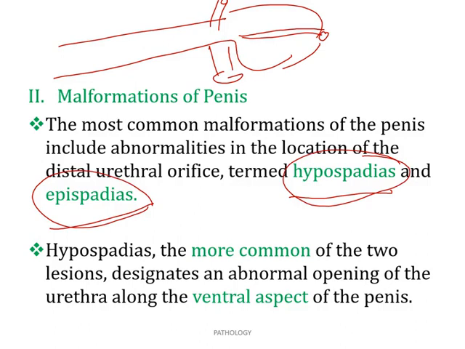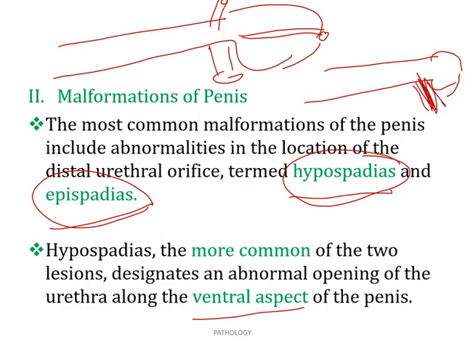Hypospadias is when the distal meatus of the urethra is found in the ventral aspect of the penis. Ventral aspect. That means, for example, if this is your penis, the distal meatus will be in the inferior aspect. We say ventral aspect of the penis.